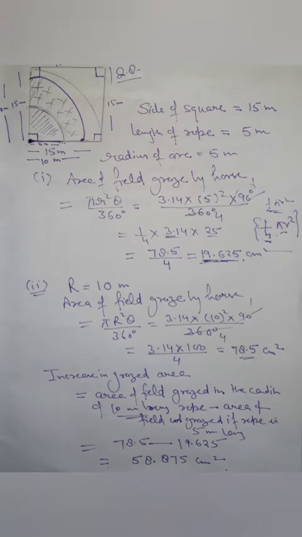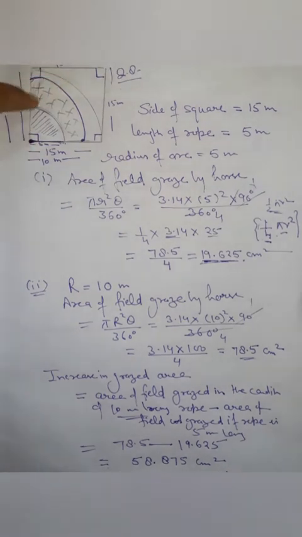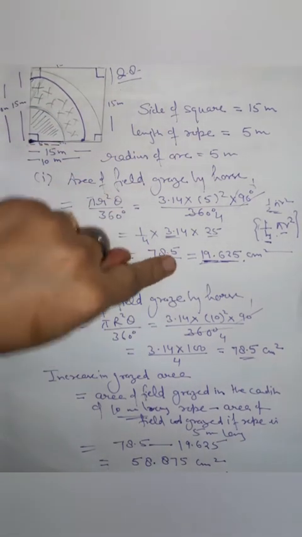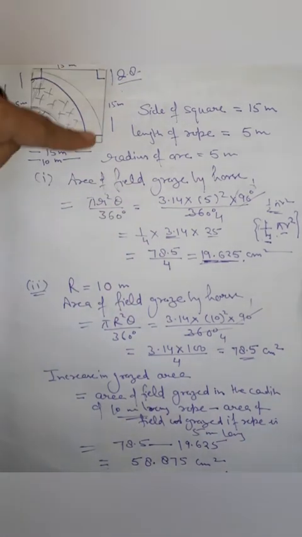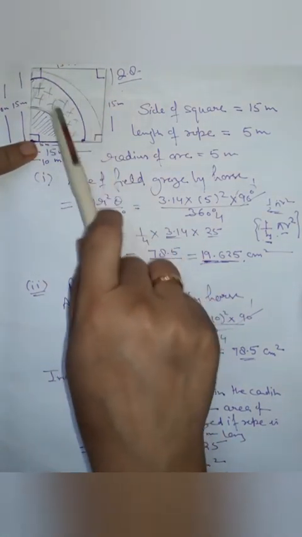Now listen to what I am saying here. Suppose you have to find the ungrazed area of the field. So in case of ungrazed area, you find the area of the square also, then subtract the area of this quadrant which we are calculating here from the area of the square, and you will get the ungrazed area, whatever condition is given.